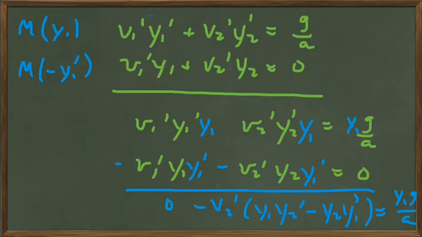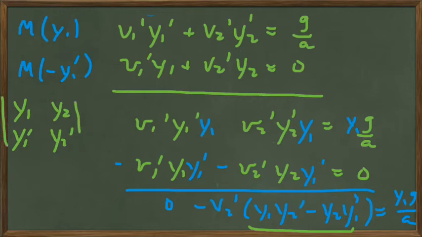Let's make note of this factor in parentheses here, and notice that if we put y1 here and y2 here, and the derivative of y1 below y1 and the derivative of y2 below y2, and we take what is called the determinant of that, which is the product going this way minus the product going this way.